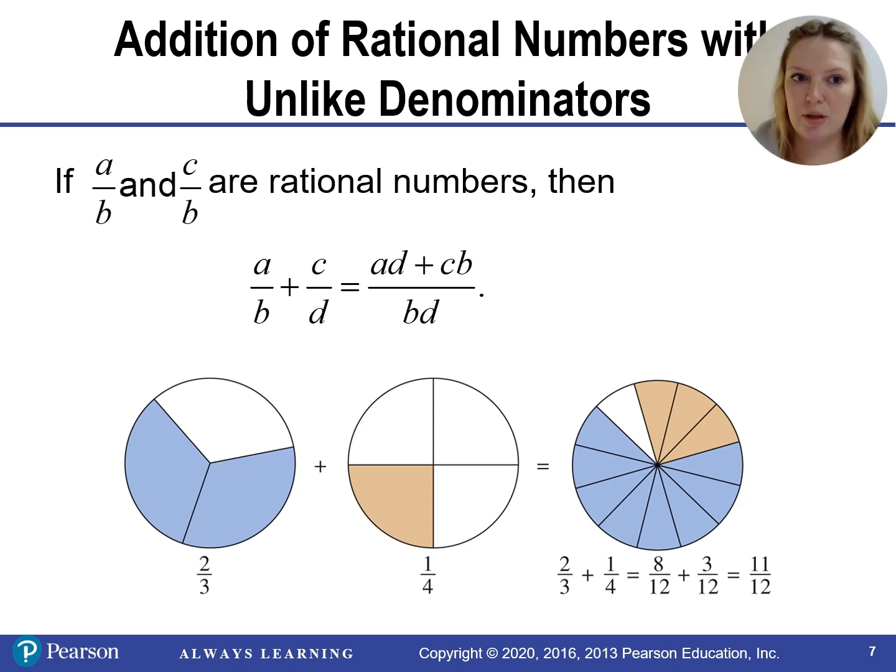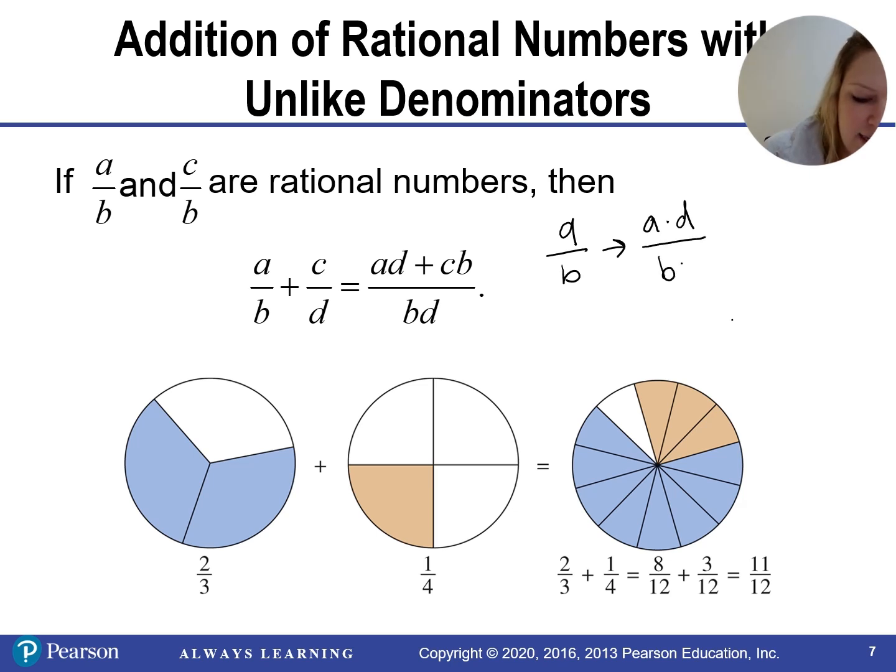So there is an algorithm for doing this, and it comes down to getting that common denominator. If we take two fractions, a over b and c over d, where b and d are different denominators, then really what I'm doing here is I'm saying, okay, a over b is the same as a times d over b times d.